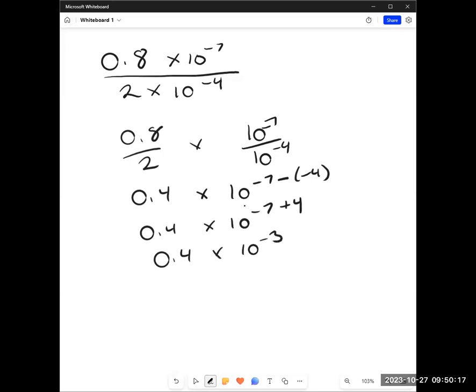Again, that's not correctly written in scientific notation. So that would be 4 times 10 to the negative fourth. But we'll go ahead and deal with it this way since we're writing our answer in standard form. Move this decimal point back 3 places to the left, and we have 0.0004.